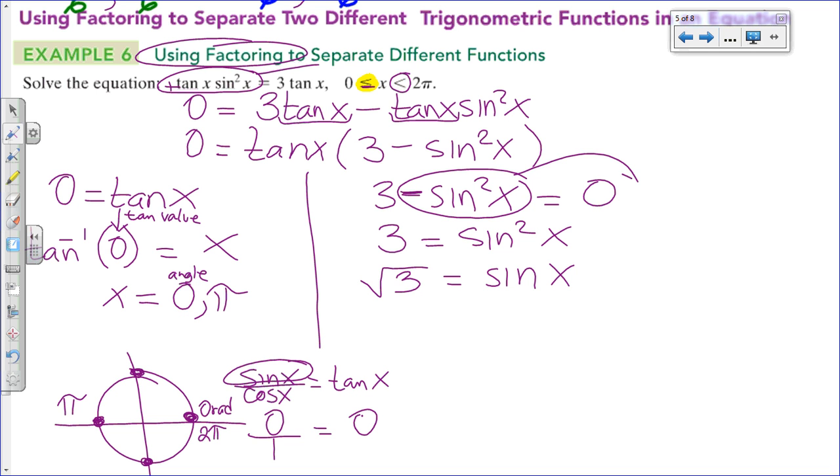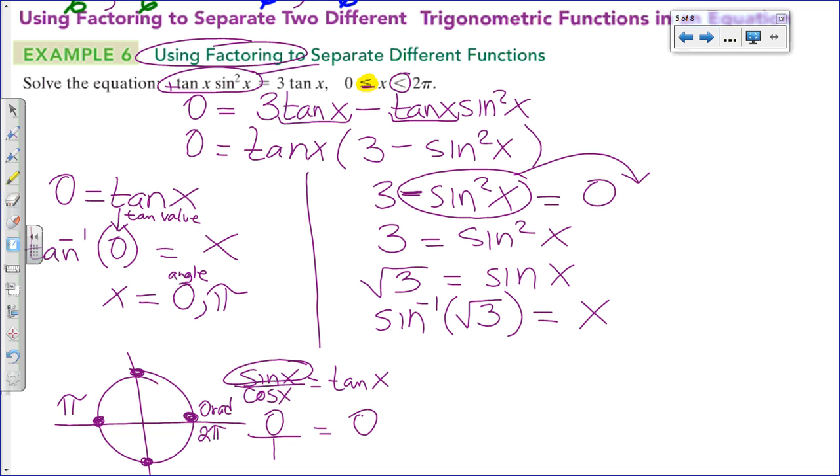Yes. We could have done that too, but then it will take us an extra step to multiply by -1. So we do that, and then we will have that x will come from the sine inverse of the square root of 3. That will be x.